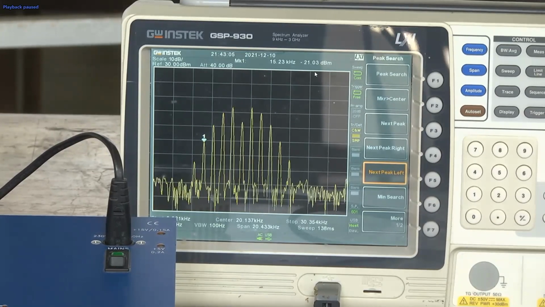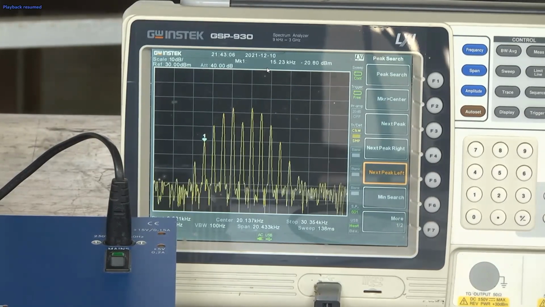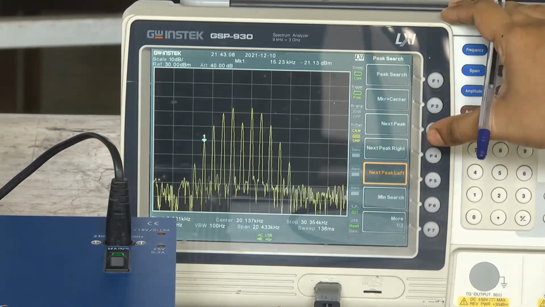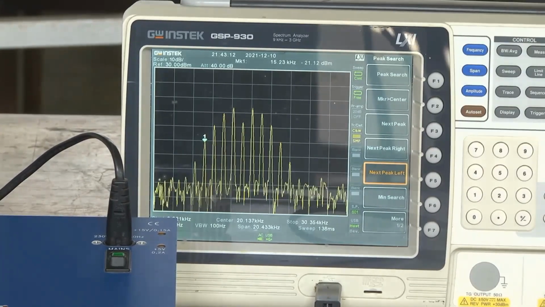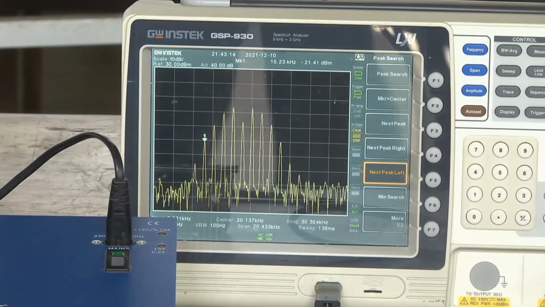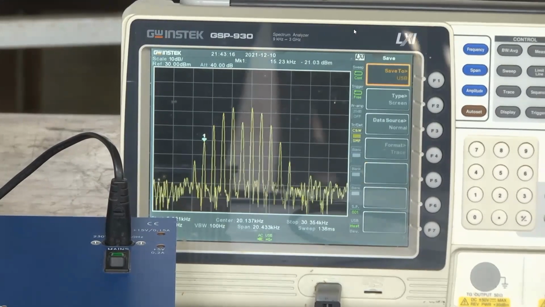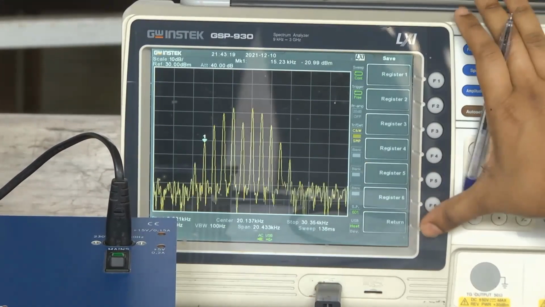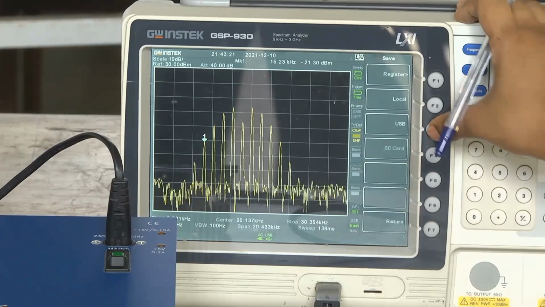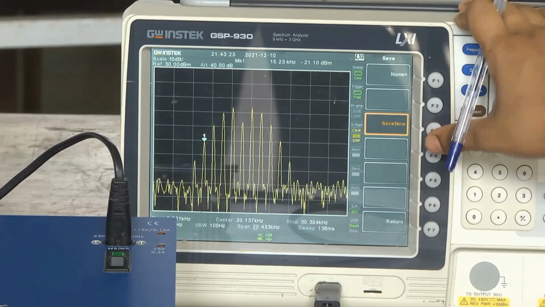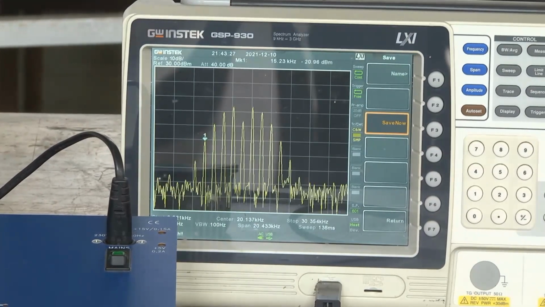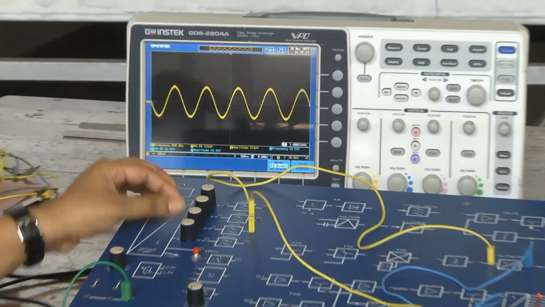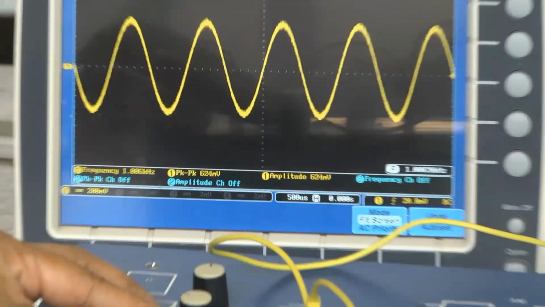It is very close to -20, so I take this as the minimum frequency. So now let's increase the voltage to 1 volt.